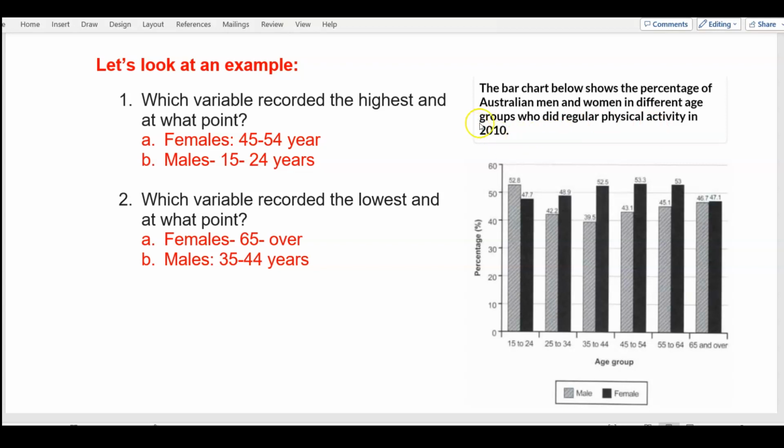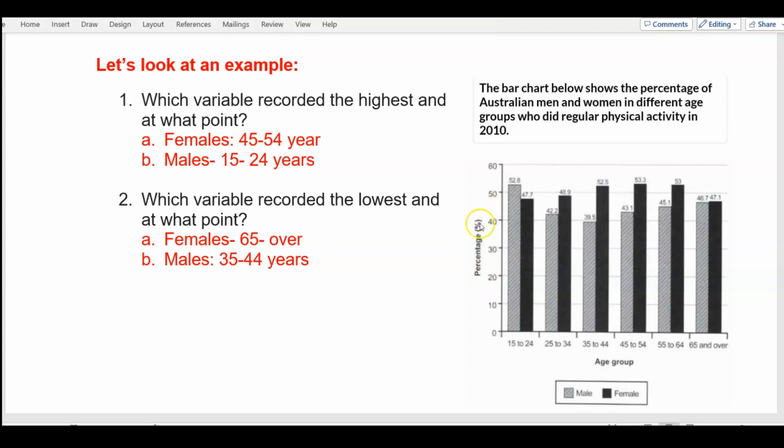So you can see this one is in one time period, 2010. Obviously this is a static graph, and because it's in one time period, we cannot tell whether it increased or decreased. No, we can't see that, so we just have to compare the variables as we said.